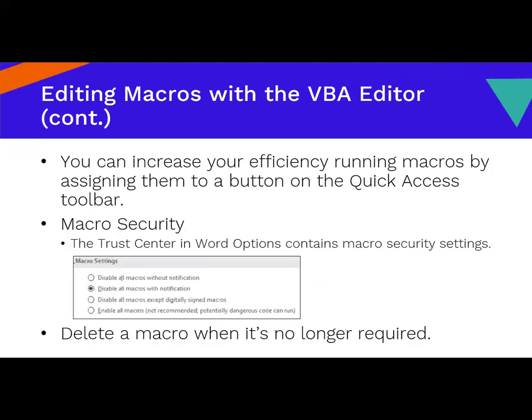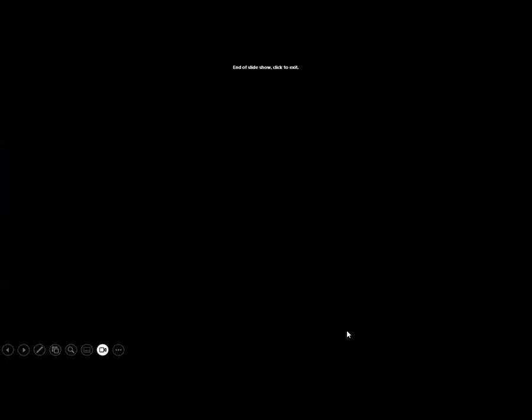You can increase your efficiency running macros by assigning them to a button on the Quick Access bar. Of course, if you're running a macro, you might see this before, where it wants you to edit security to be able to enable those macros. Delete a macro when it's no longer required, that way it's not in your documents.